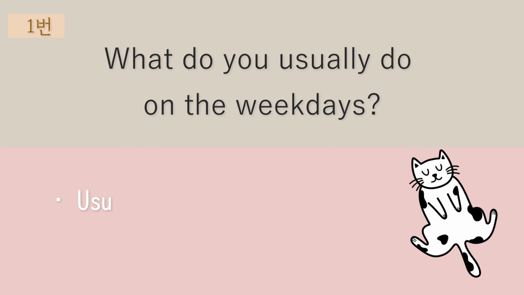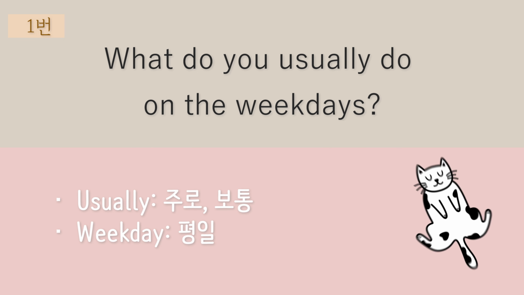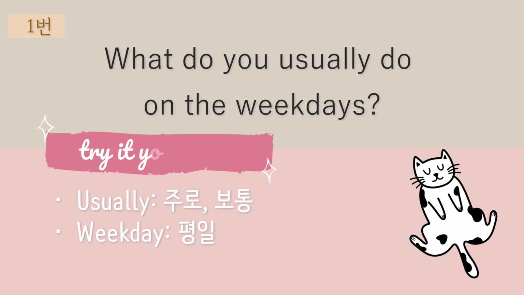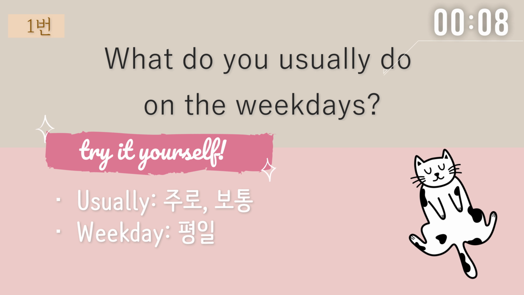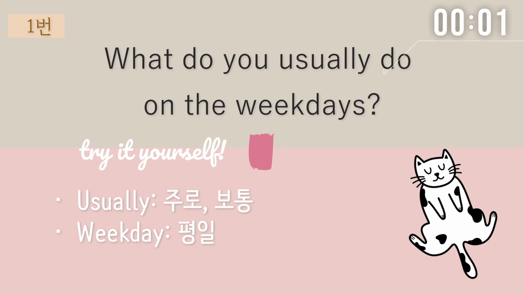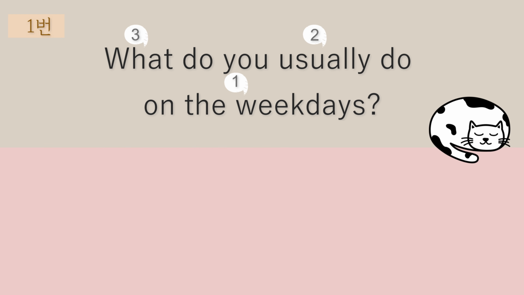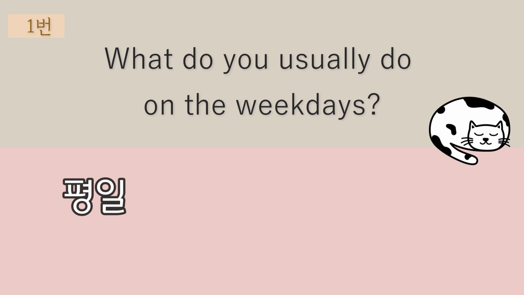Let's try to make this sentence first. What do you usually do on the weekdays? This is the most common order. First, weekdays. 평일, and the particle 에 to indicate time or days.